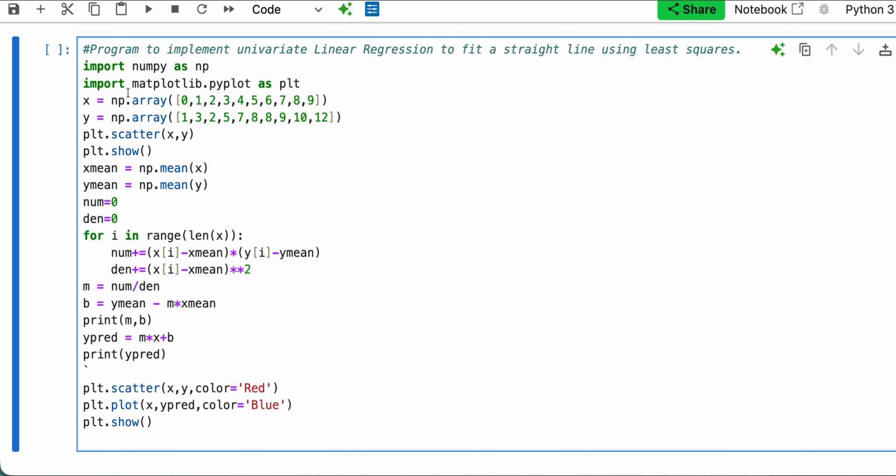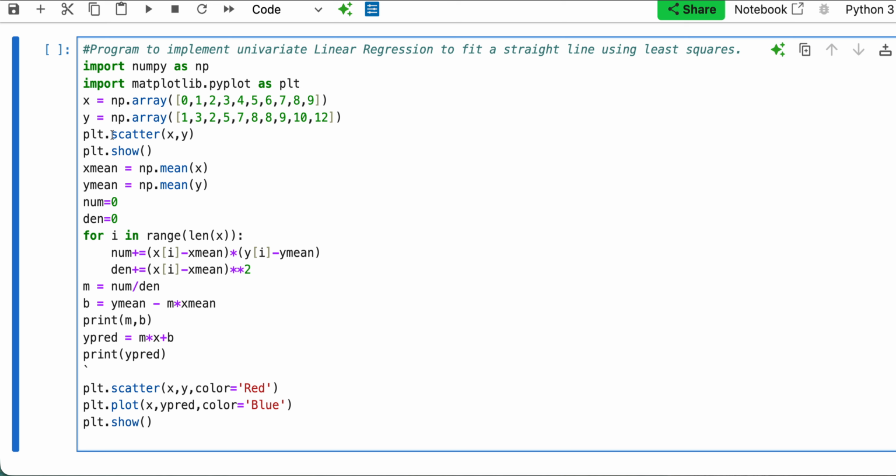Then you define two arrays here. There are no backend test cases being given. You yourself are giving the values here. These values can be given arbitrarily. You have the liberty to give your own values. Afterwards you are straight away plotting those values as a scatter plot.